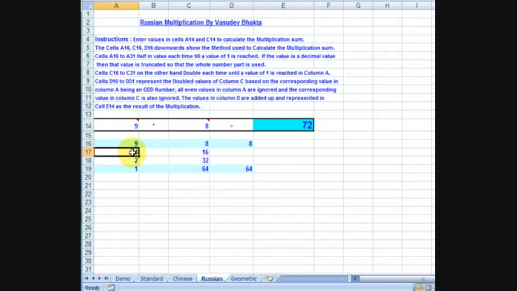Add these values together, 8 and 64, and we get a value of 72. You ignore all even number values that are displayed on your left hand column, which are these here.